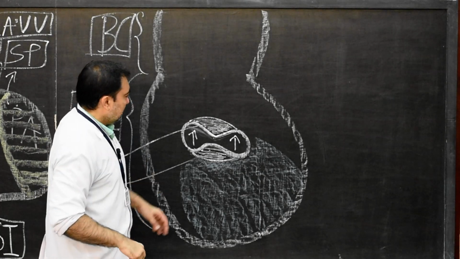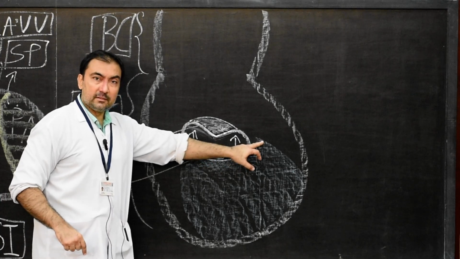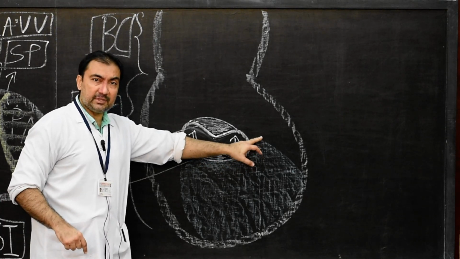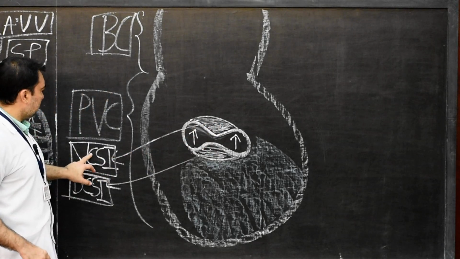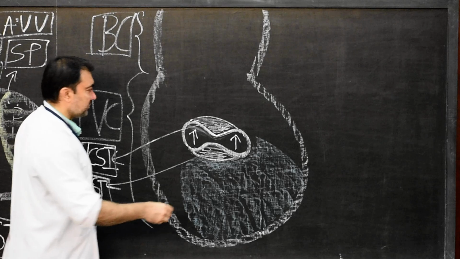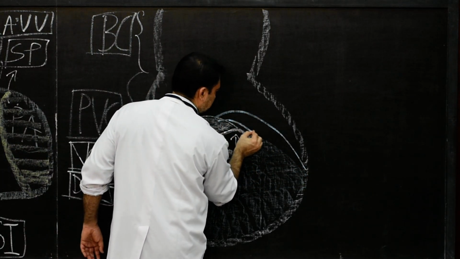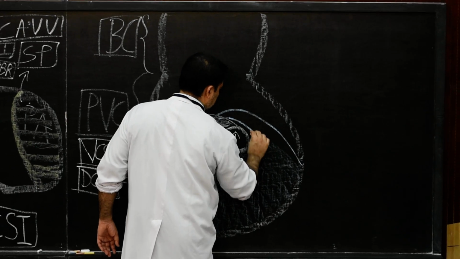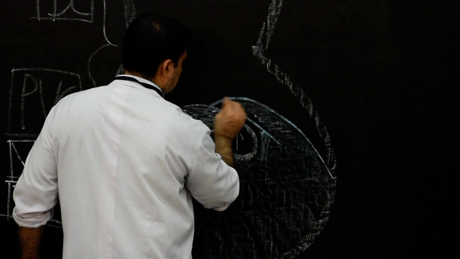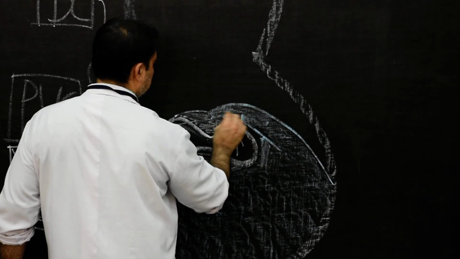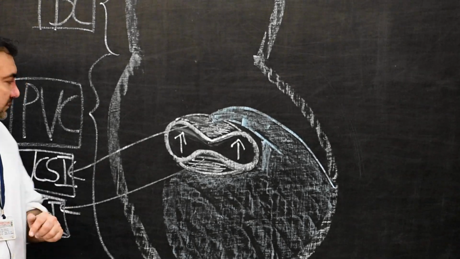Please note down, the ventral horn of the ventricular septum will fuse with the ventral cushion of septum intermedium. So here I will draw this ventral horn and fuse it with this cushion. So this is how the ventral horn of the ventricular septum will fuse with the ventral cushion of septum intermedium.